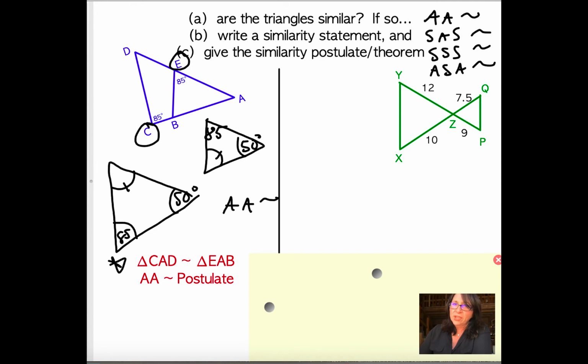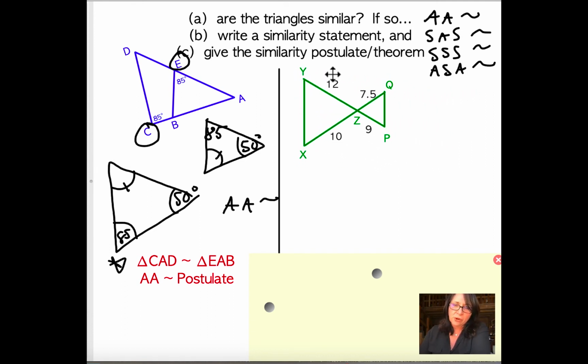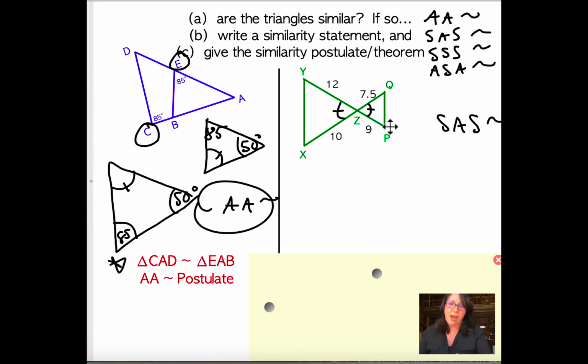For these two triangles here, to figure out if they are not congruent, but similar, the only option, since I don't have any angles other than the vertical angle in the middle, is that they would be similar by side-angle-side similarity. That being said, they would only be similar if the sides are proportional. Because you can have two angles and no sides, and the two triangles are similar, no matter what. But if I don't have any sides, then I would have to prove that the sides are proportional.